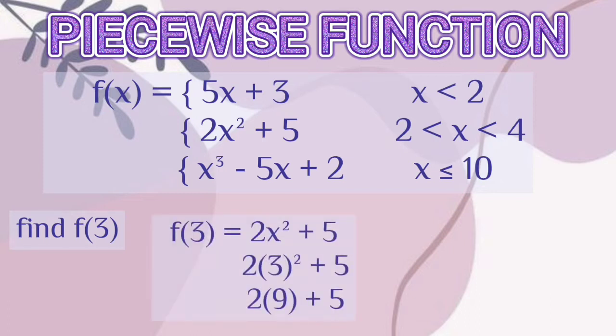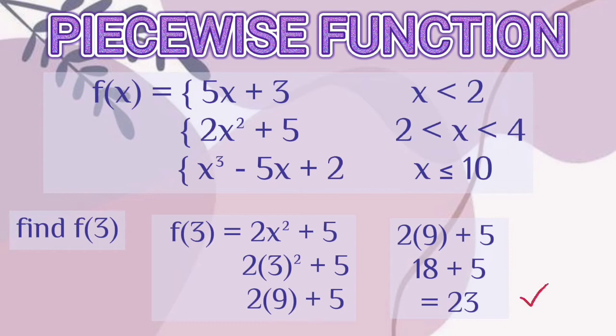All we have to do is substitute the value of x in the given expression, which gives 2 times 3 squared plus 5. 3 squared is equal to 9. So we have 2 times 9 plus 5, which is 18 plus 5, equal to 23. For the given f(3), the value is 23.